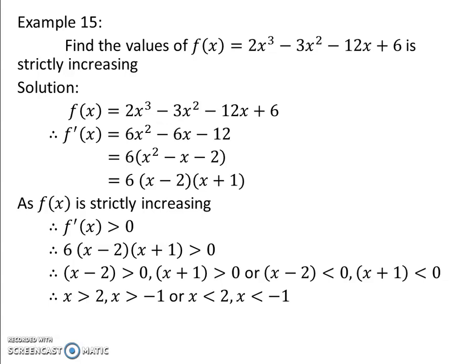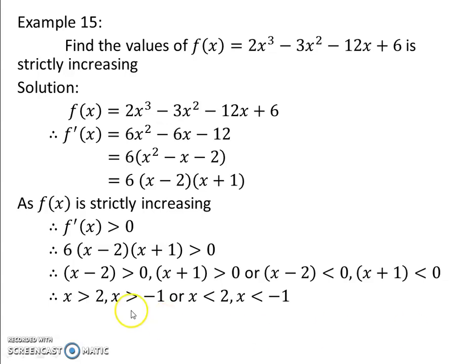That is, x greater than 2 and x greater than minus 1, or x less than 2 and x less than minus 1. So if you observe the first one, draw a real line, take the point minus 1 and the point 2. So x greater than 2 means the values of x to the right of 2, and x greater than minus 1 means the values of x to the right of minus 1.